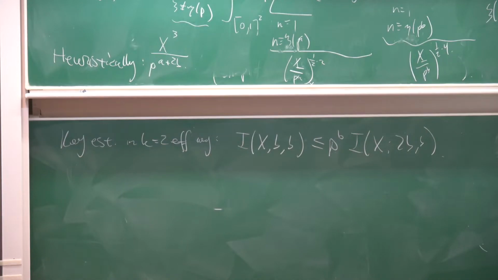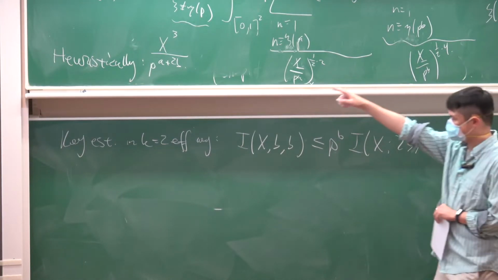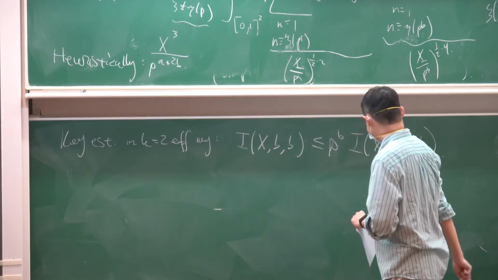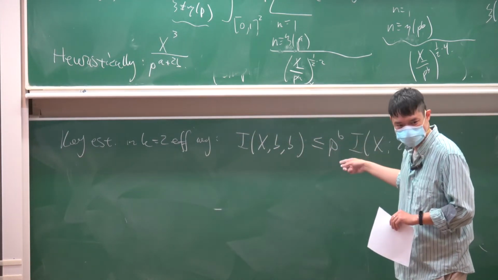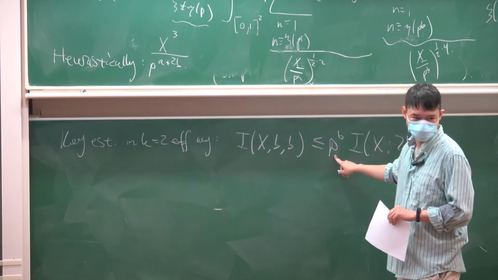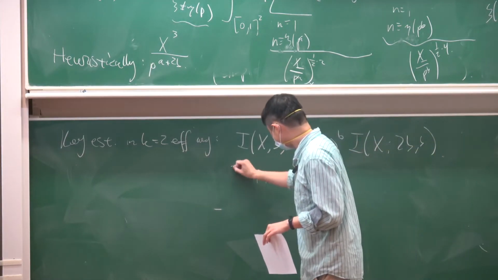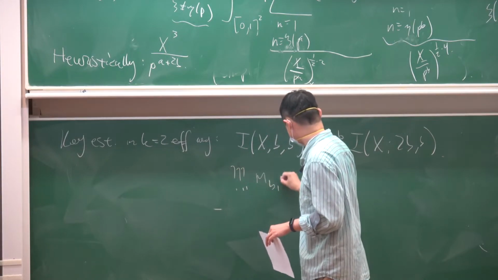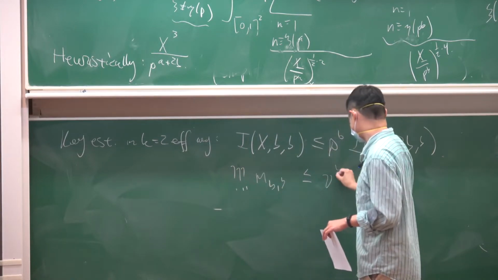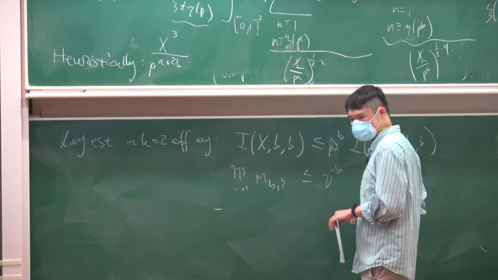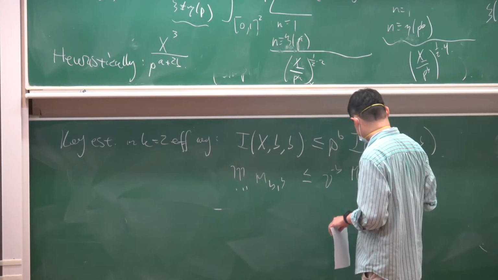So let's pause for a moment. If one wants to think immediately that I_{a,b} is M_{a,b}, and we want to think that p is nu, that's not so great, right? If we want to literally translate, M_{b,b} is less than nu to the minus b times M_{2b,b}.